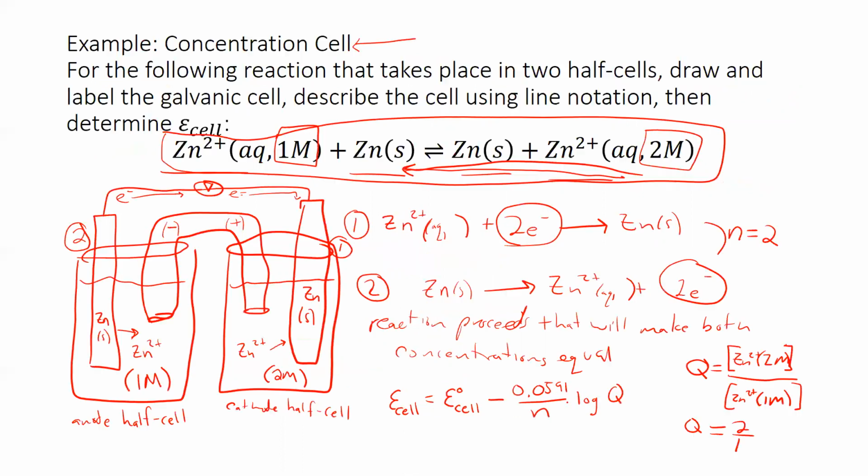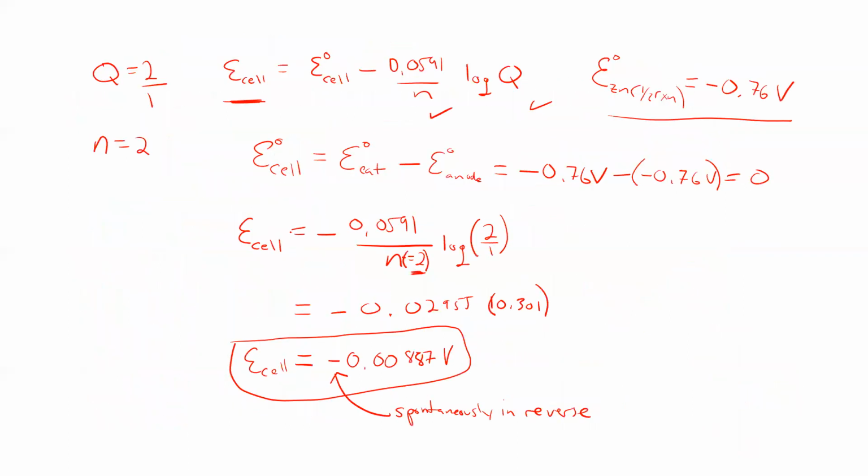Okay, but if we go back up here, you'll notice that just thinking about the concentrations, we have a 1 molar solution and a 2 molar solution. The farther those concentrations are apart, based on this chemical equation where we have Q, the larger the value of log of Q becomes, the more negative or the more positive.